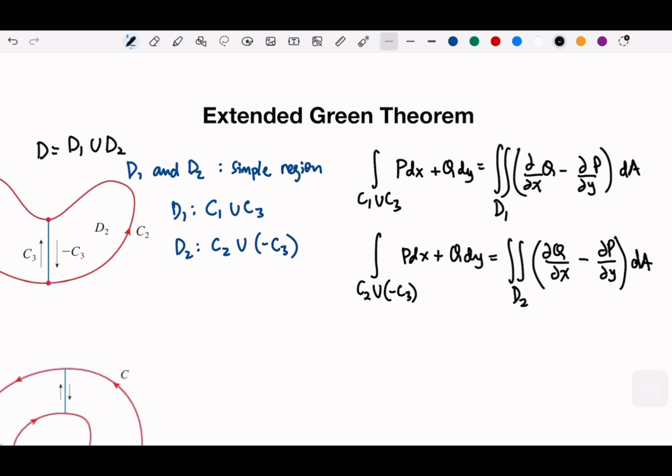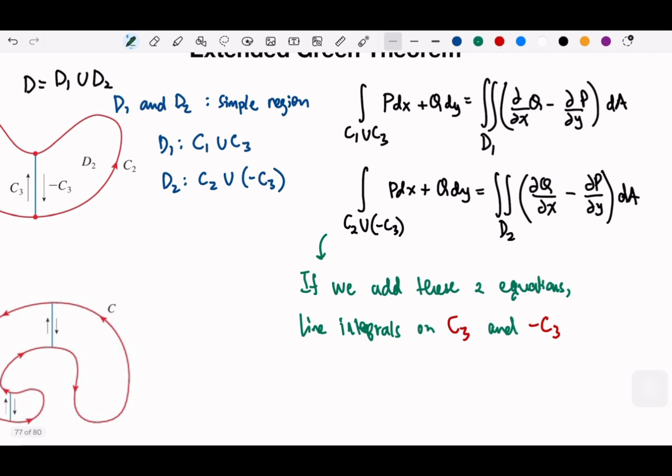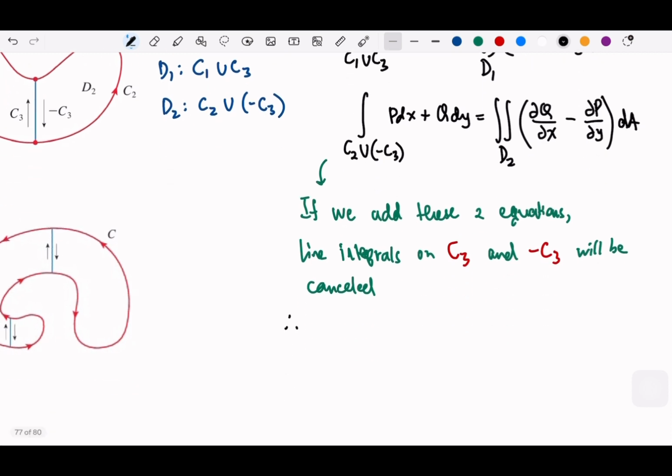So if we add these two equations, the line integrals on C3 and negative C3 will be cancelled, and we get the line integral over C1 and C2.